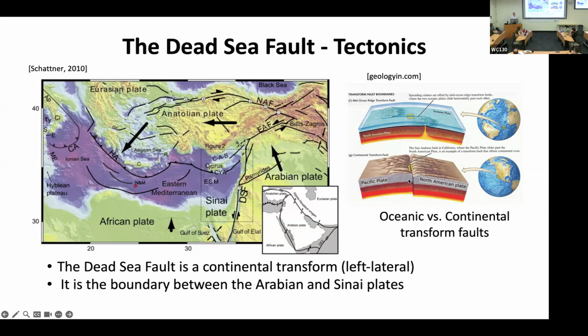One of the best examples is the San Andreas fault, which transfers the motion from the opening of the Gulf of California, the Sea of Cortez, northward all the way to British Columbia and then to Alaska. So this is the transform fault.